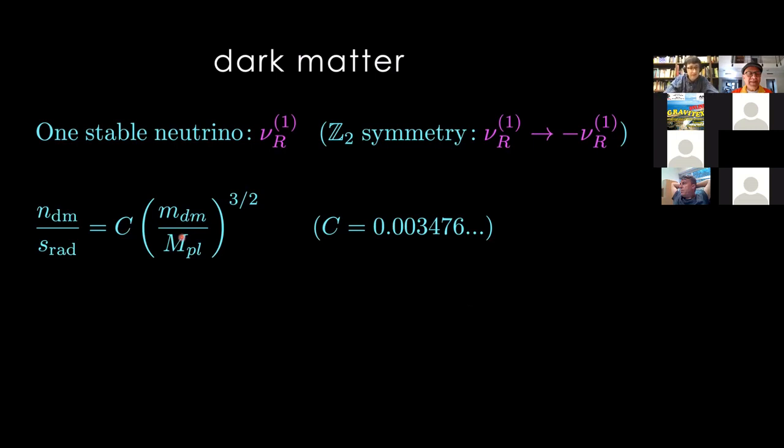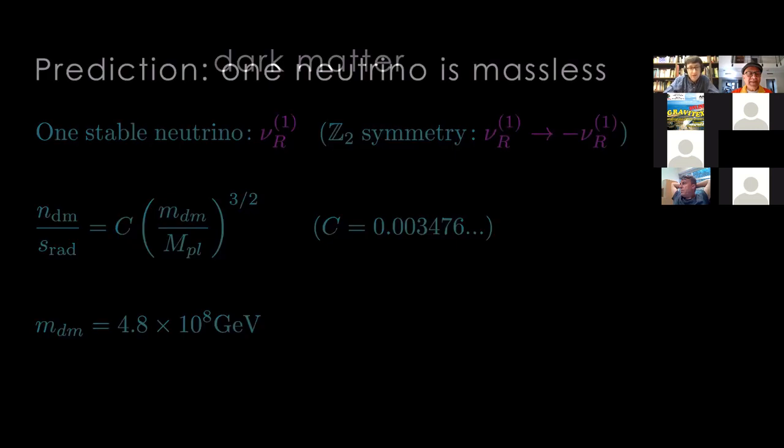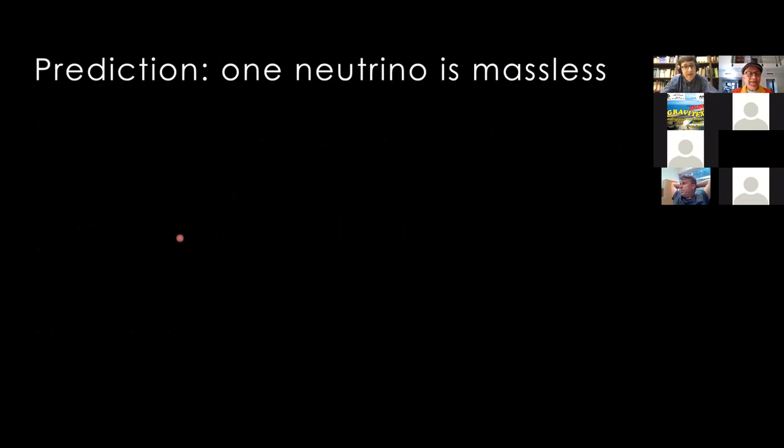And so using this, you can ask, what mass do we have to have in order to match the dark matter density? And you can get a precise prediction. It has to be 4.8 times 10 to the 8 giga-electron volts. So if one of the neutrinos has that mass, then that turns out to be a very nice candidate for the dark matter, using just the standard model particles.